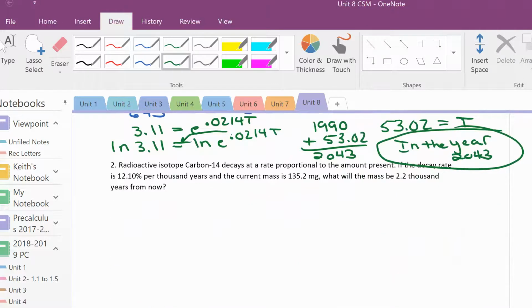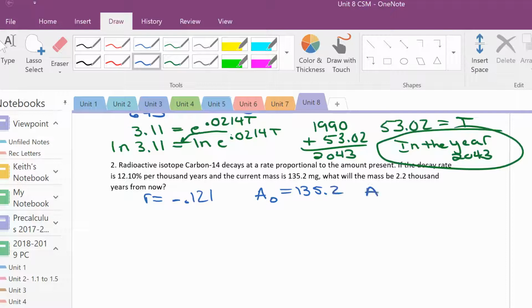So the last one talks about the rate of decay. It says radioactive isotope carbon-14 decays at a rate proportional to the amount present. If the decay rate is 12.1%, that means negative 0.121. That's what the r is. And the current mass is 135.2.